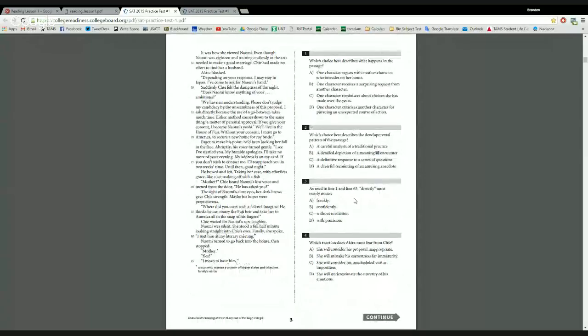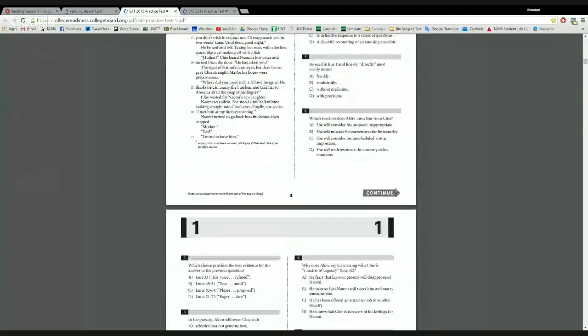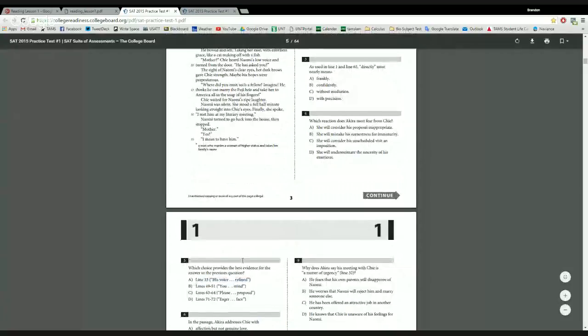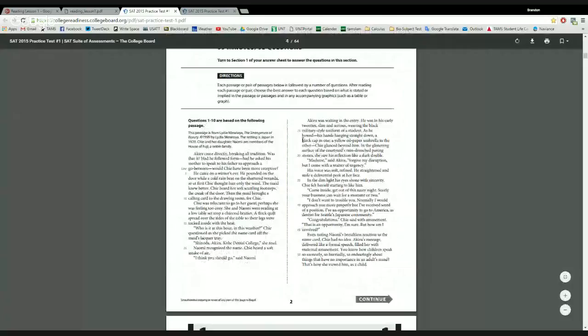Which reaction does Akira most fear from She? She will consider his proposal inappropriate. Well, actually, this is an evidence-based question, so again, we could look at the lines right here. His voice was self-refined.